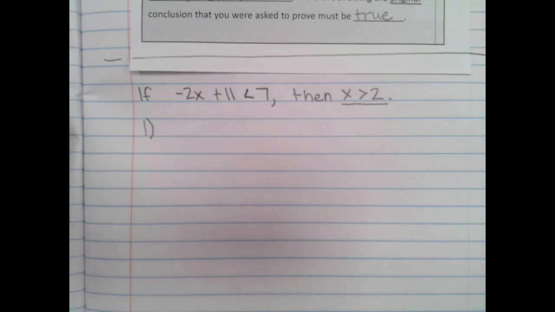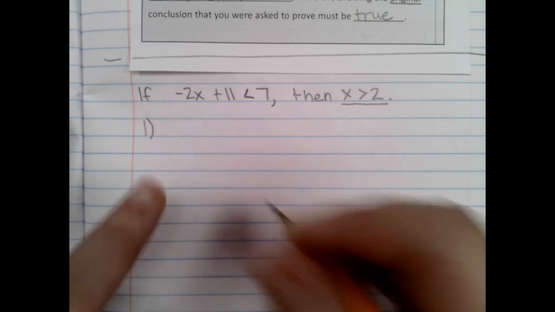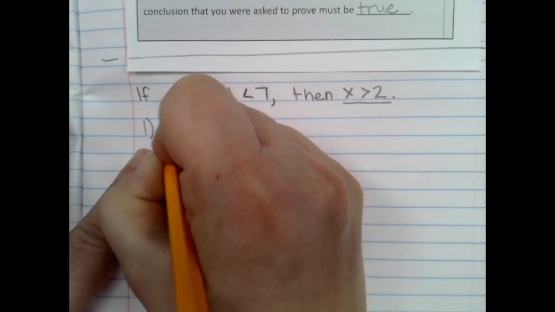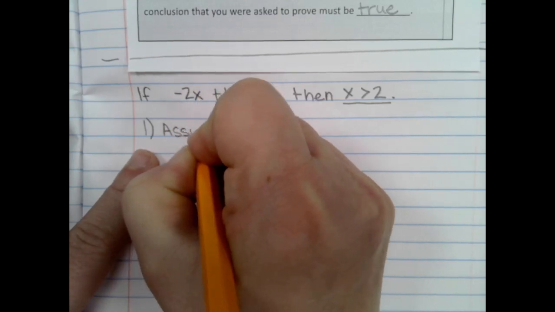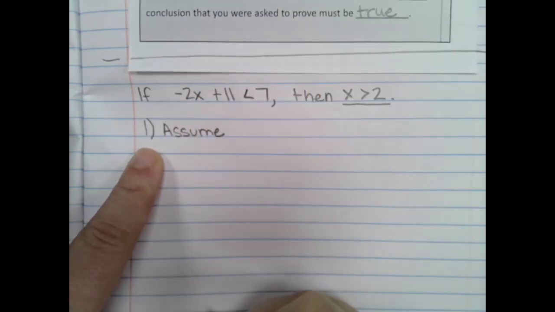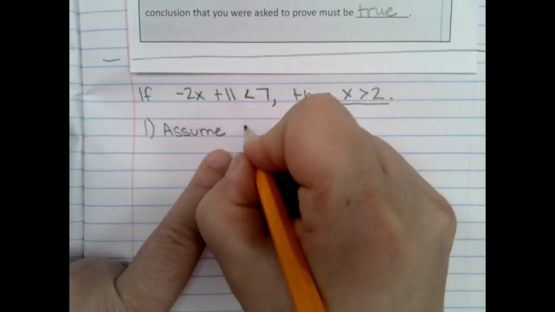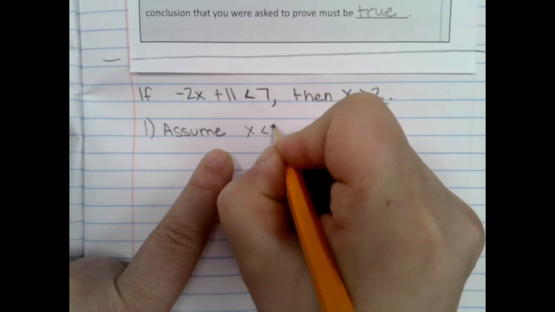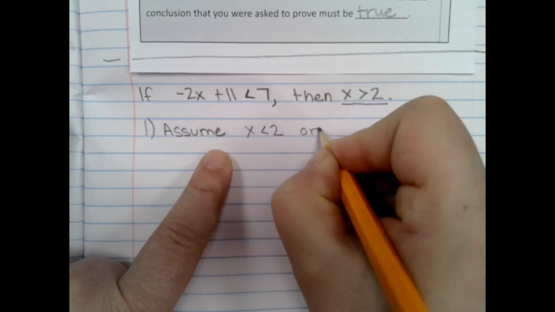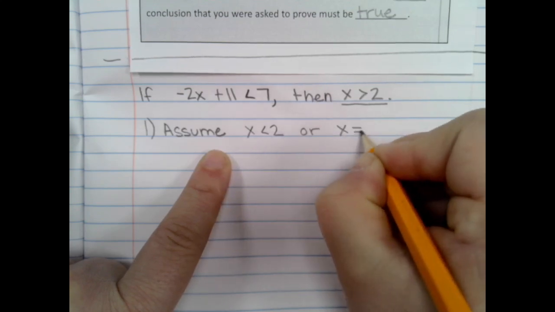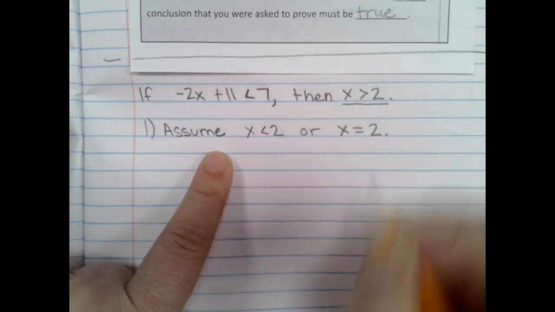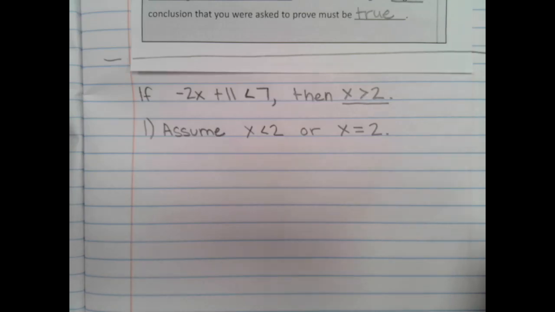Good, less than 2. Thank you for saving us. Or equal to. Awesome, thank you. So step 1 is we're going to assume, and usually we start with that word assume, that x is less than 2 or x is equal to 2. So those are our other two options than x is greater than 2.